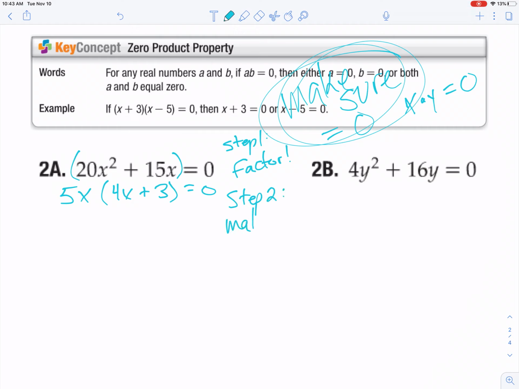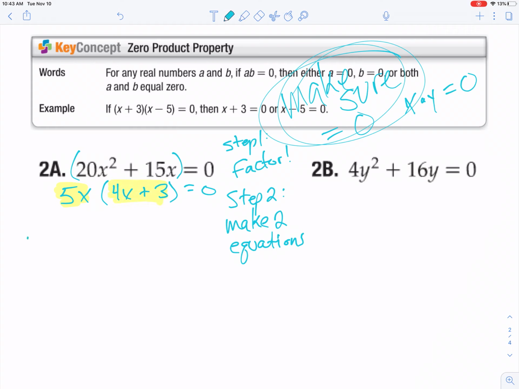And then step 2 is going to be to make two equations. And your two equations are the things that are being multiplied together. So the things that are being multiplied this time are the 5x times the 4x plus 3.